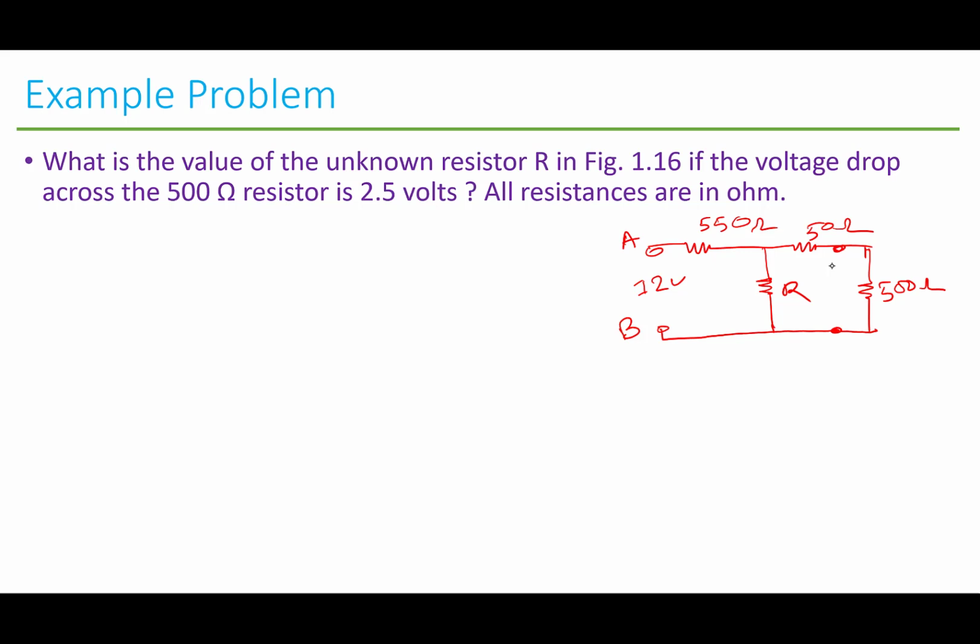If the voltage drop across the 500 ohm resistor is 2.5 volts, that means this voltage, V500, is known. So from our gained knowledge so far, we have to find out the value of the unknown resistor R. Now let's see what we know.